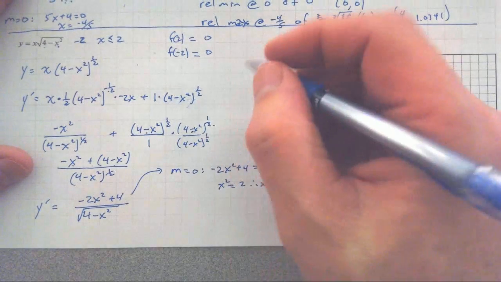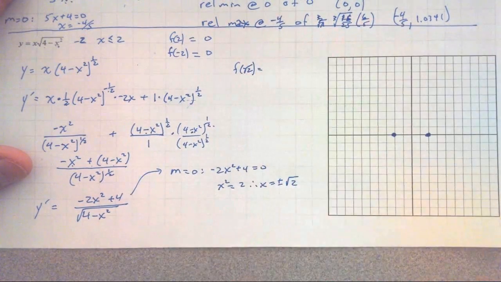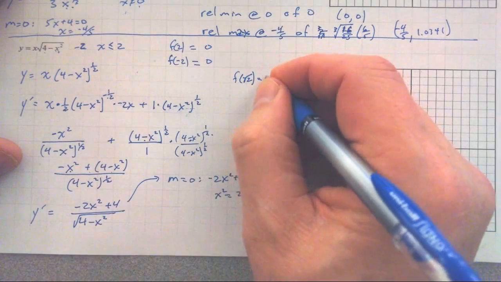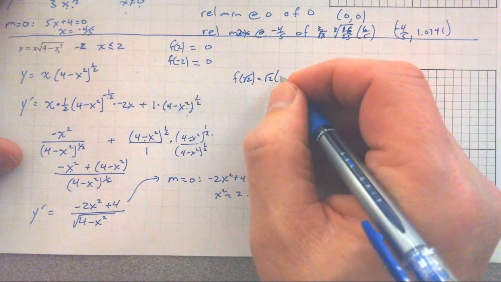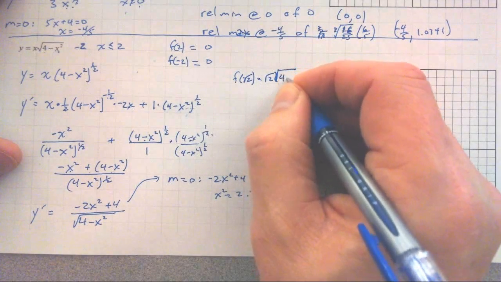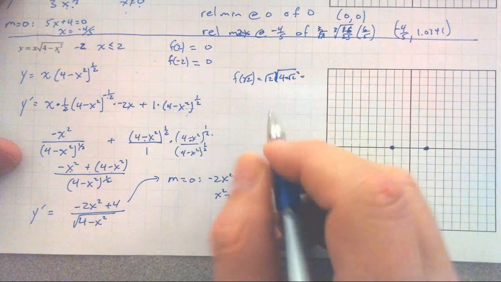Those are other points I want to test up here. I want f of root 2. All right, let's just go through with that one. I put in root 2. It's not so bad. I get root 2 times the square root of 4 minus root 2 squared. 4 minus root 2 squared, that's 2.